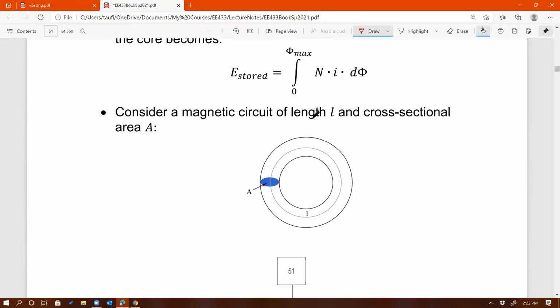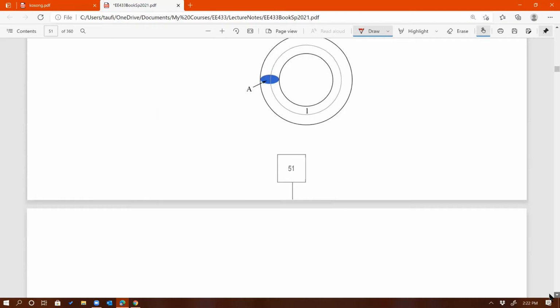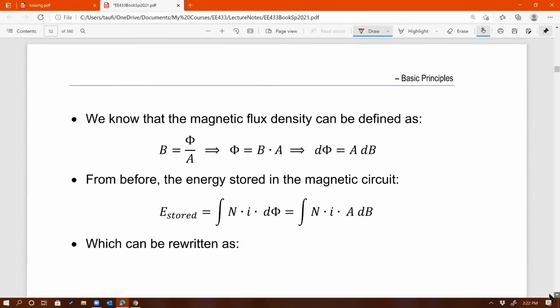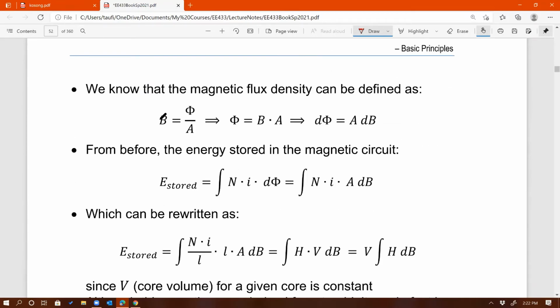Consider a magnetic circuit of length L, so magnetic path length L, which is constant depending on the structure, and cross-sectional area A, which is also constant per given magnetic core structure. Also we know that flux density is equal to flux over A, and A is constant per given core.